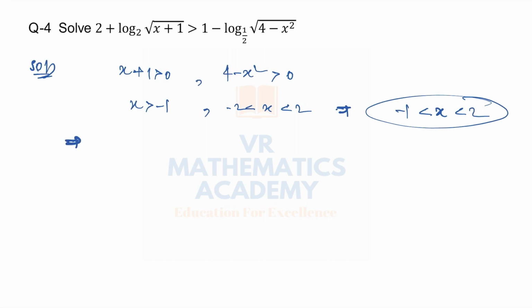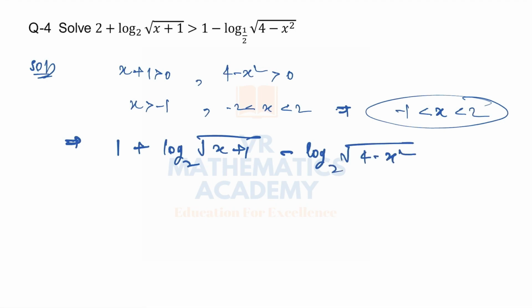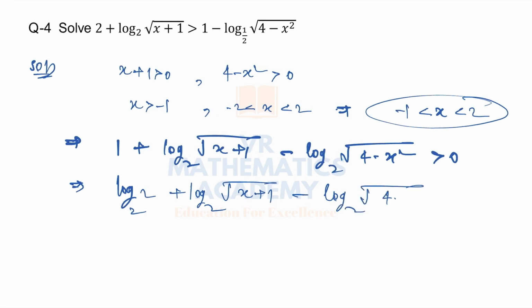Now we rearrange the terms. By rearranging the terms, we get 1 plus log base 2 of root of x plus 1 minus log base 2 of square root of 4 minus x square greater than 0. And now 1 also can be written as log base 2 of 2, plus log base 2 of square root of x plus 1, minus log base 2 of square root of 4 minus x square greater than 0.